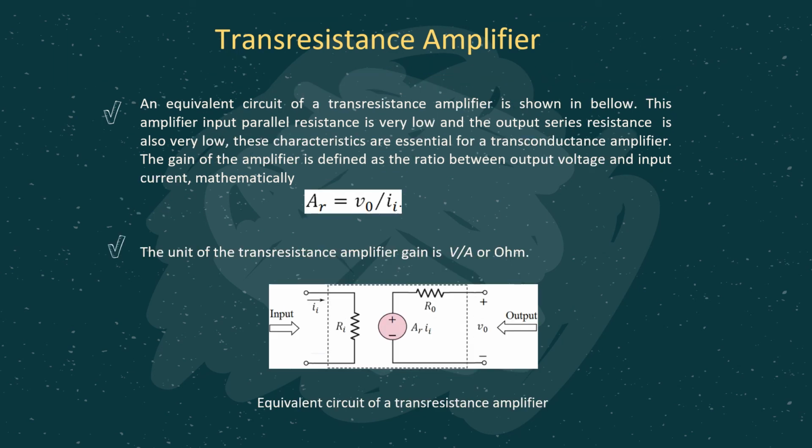Then the last one is the trans-resistance amplifier. The same thing, you don't have to know it in detail. It's good to know that there are four models: voltage amplifier and current amplifier, which you need to know in detail. But for transconductance and trans-resistance, you just need to know they are among the models available in electronics.